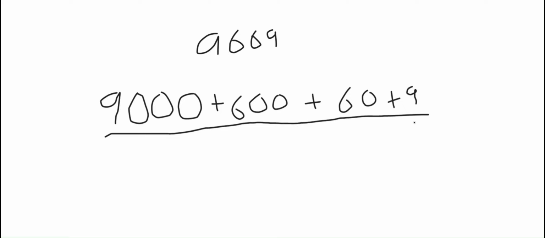We can see that 9 is multiplied by 10 raised to 0, 6 is multiplied by 10 raised to 1, this 6 over here is multiplied by 10 raised to 2, and 9, the leftmost digit, is multiplied by 10 raised to 3. And this power of 10 increases from right to left by exactly 1.